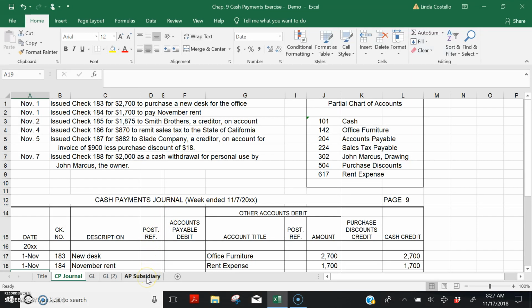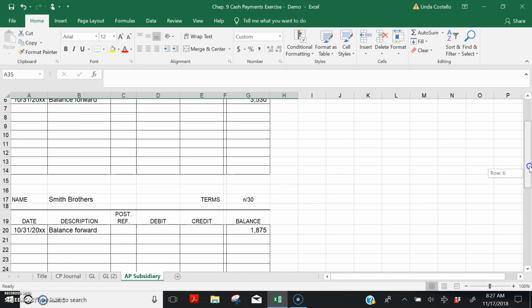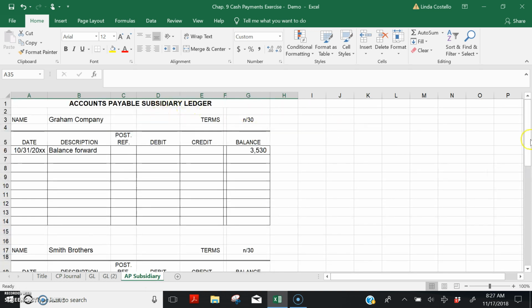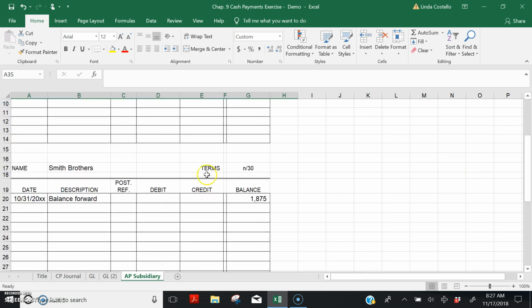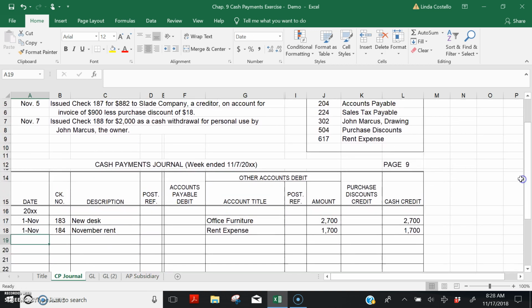Looking at the vendor card for Smith Brothers in the accounts payable subsidiary ledger, we can see that credit terms are net 30, so we should not expect a purchase discount when we pay Smith Brothers. Let's record the transaction on the Cash Payments Journal.